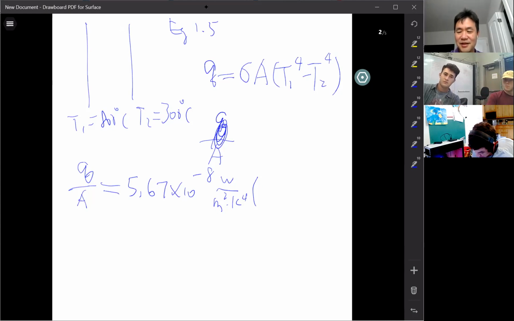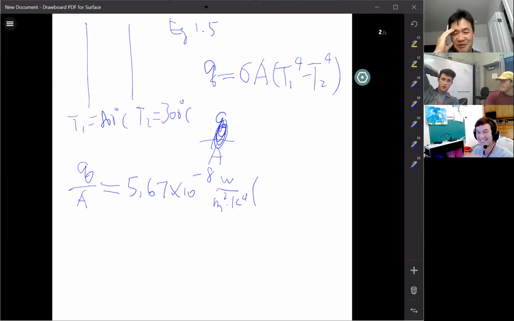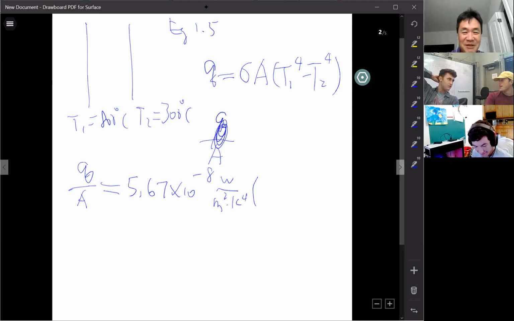Is that right? 273.15 is 0 Celsius, something like that. Let's get rid of the 0.15. Too difficult in calculation. So 273 plus 800, 1073 to the power of 4.